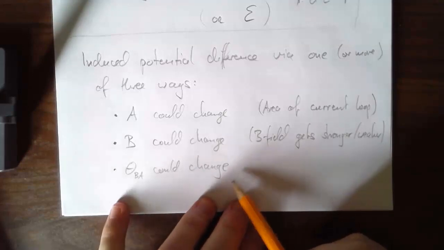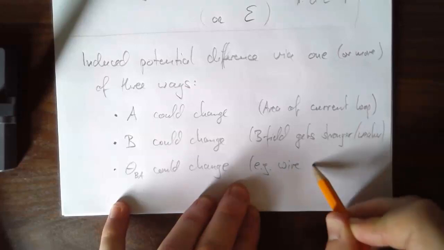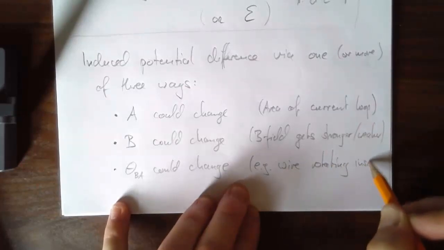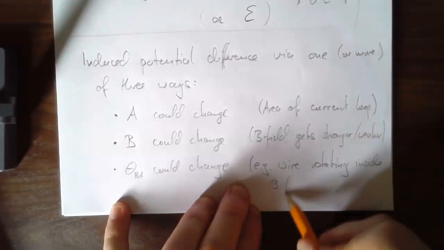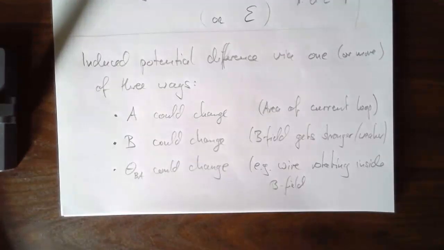For example, the wire might be rotating. And the prime example of that is most generators are built that way.